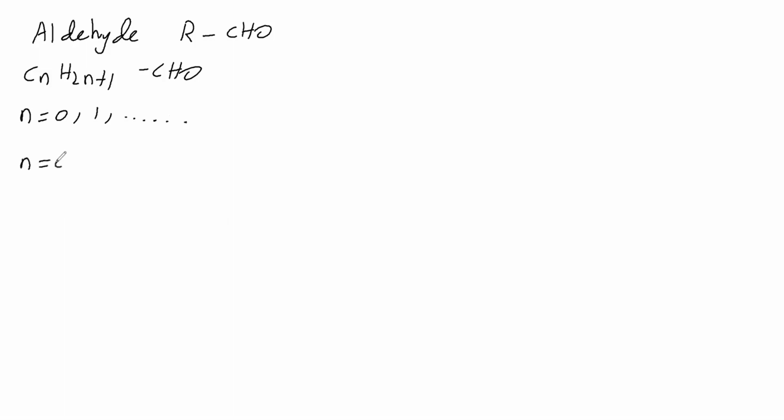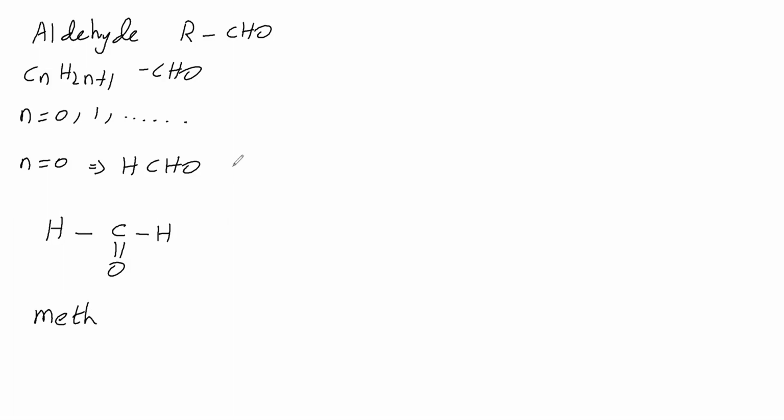Now let us write n equal to 0. Then we get the formula HCHO. We can write this HCHO as H single bond C double bond O single bond H. Now what is the IUPAC name of this compound? This compound contains 1 carbon, therefore the root word is meth.